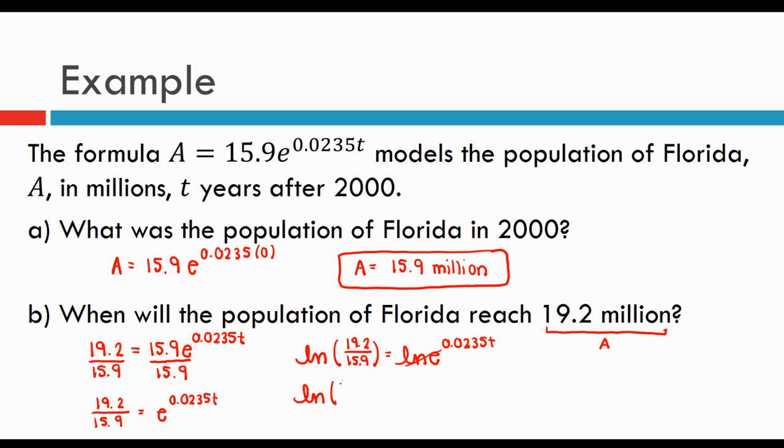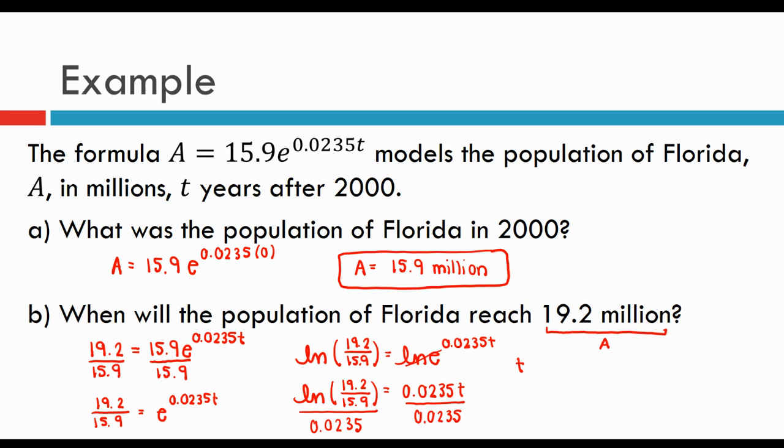So that leaves us then with the left side equaling 0.0235t. So the last step to solve for t is to divide by that 0.0235. And once again, we're going to very, very carefully type this into our calculator.